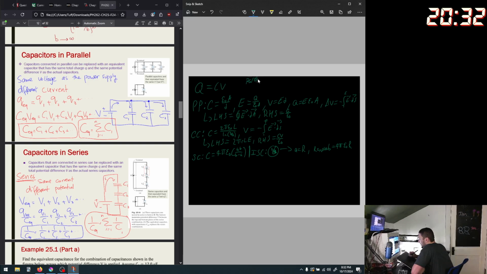Parallel equals voltage. Equals current Q V. Okay.